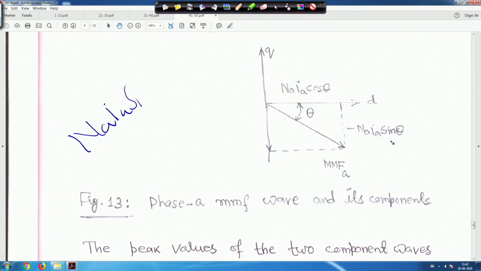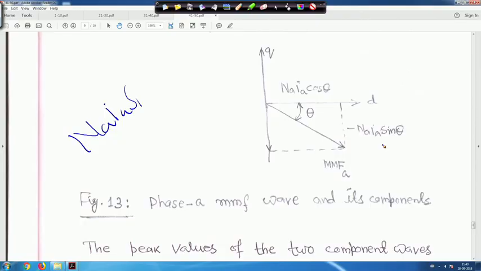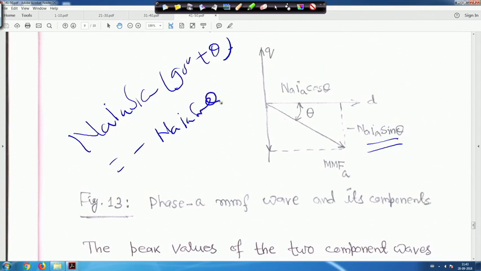So these two components, that's why it is minus NAIA sine theta.